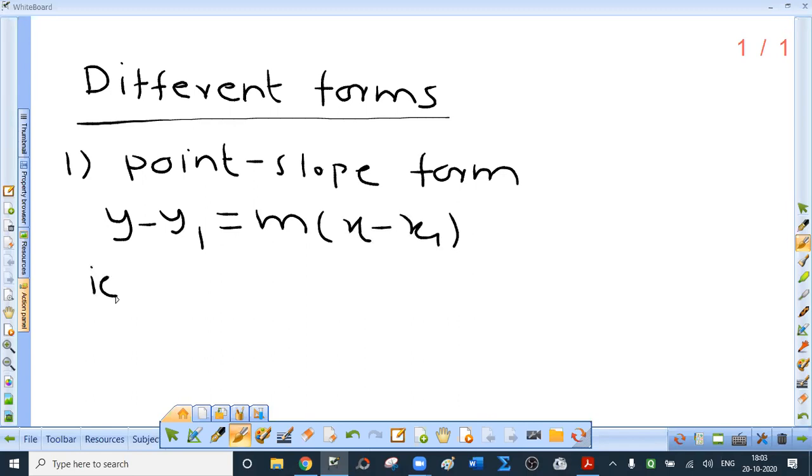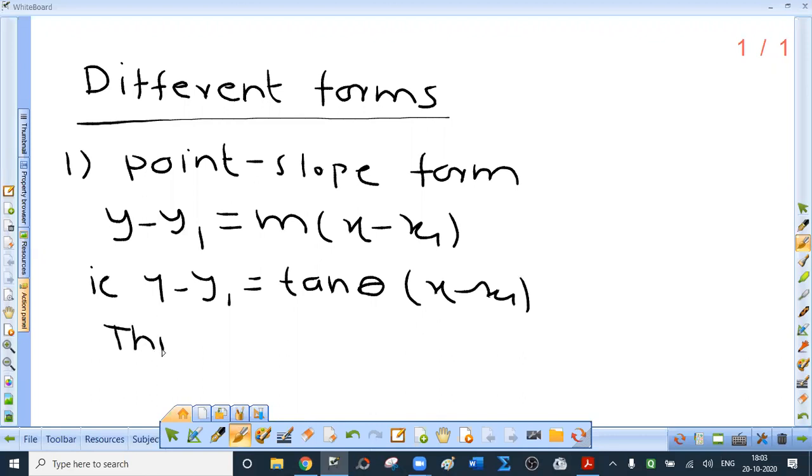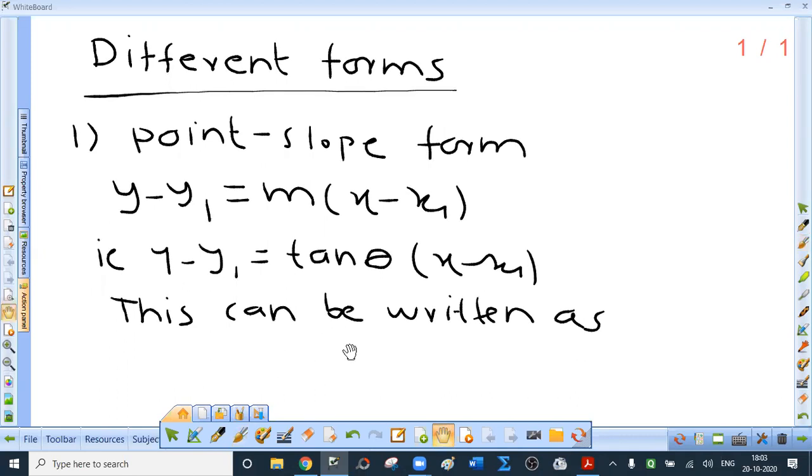Write down. That is y minus y1 equal to tan theta x minus x1, where theta is inclination of line. If theta is inclination, what is the slope? Tan theta. This can be written as, see, we have discussed this in previous lecture.